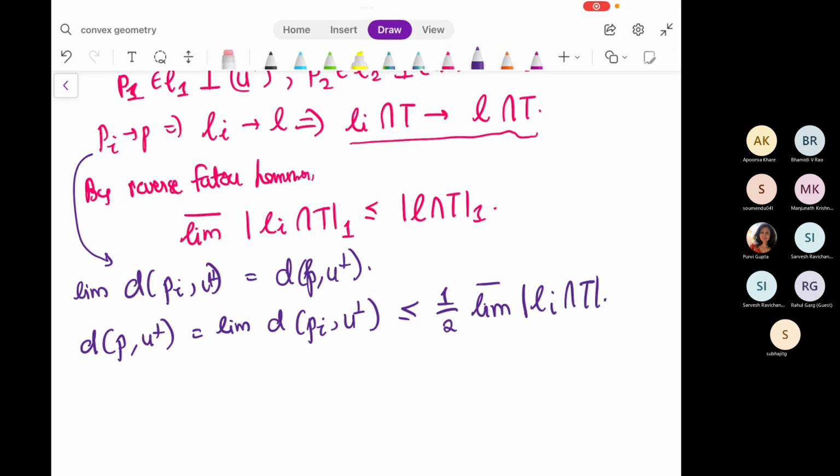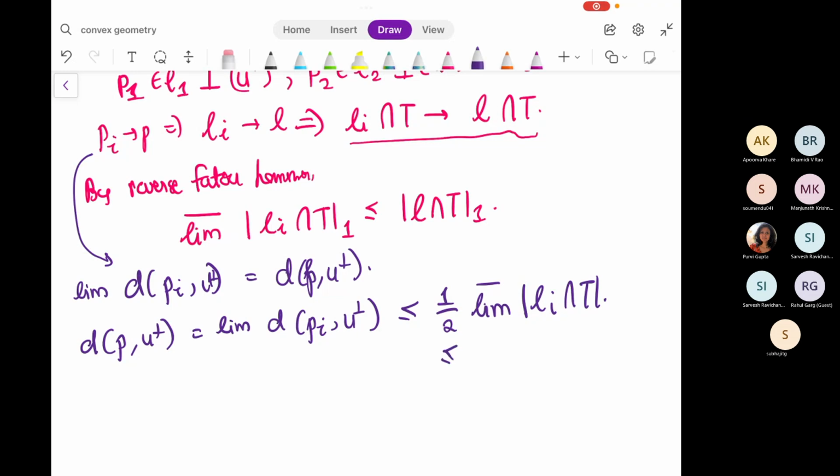That's because if you look at what symmetrization does, symmetrization makes sure that, you've got, this is the line segment, right? The length of the line segment is Li intersection T, that particular intersection. Now, once you've created a line segment out of that, then every point that lies on that line segment in the symmetrization will be at distance at most half that particular measure.